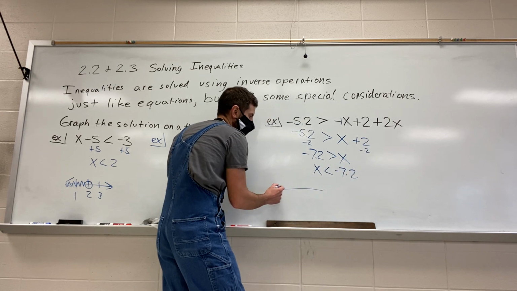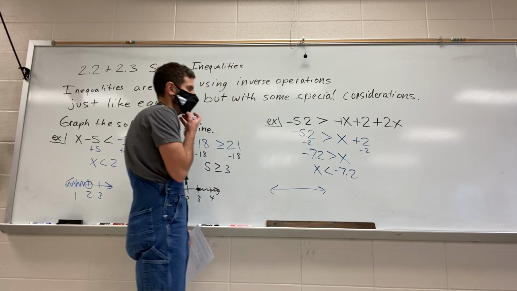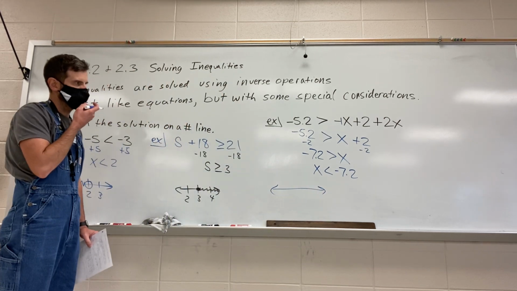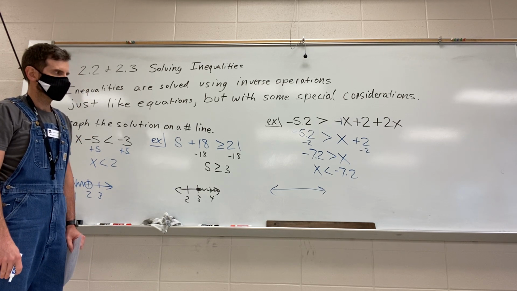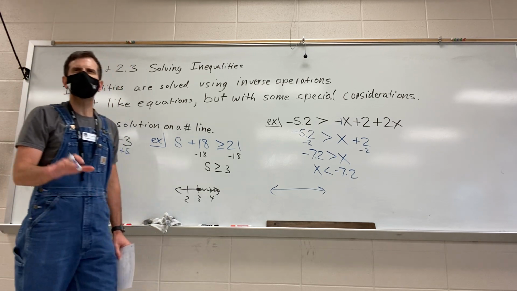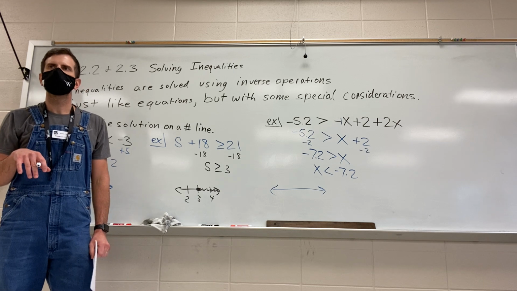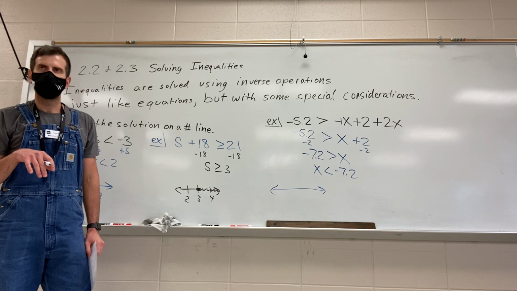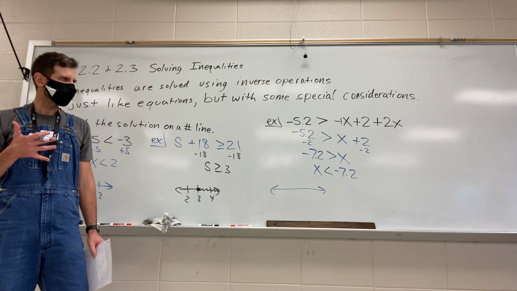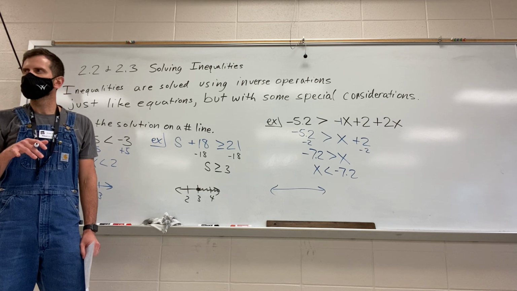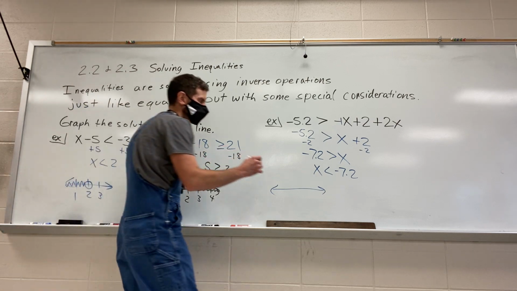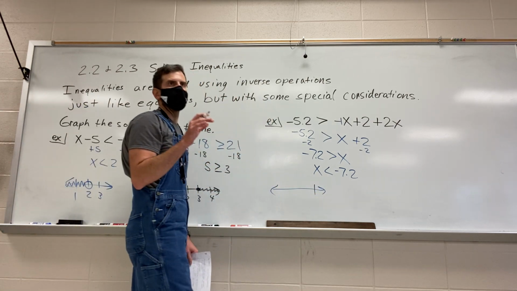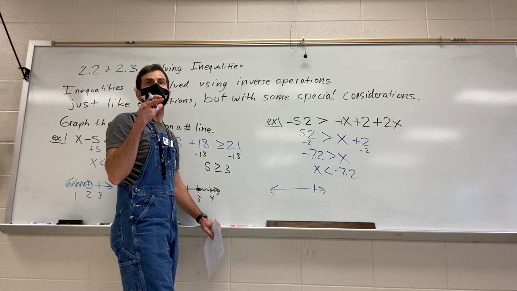Now when you go to graph it, what are the integers that are between negative 7.2? Integers.